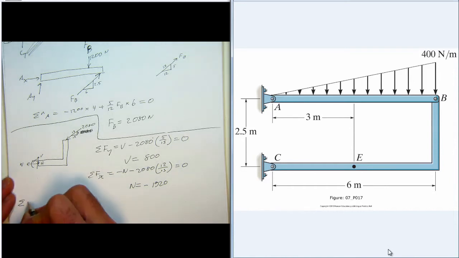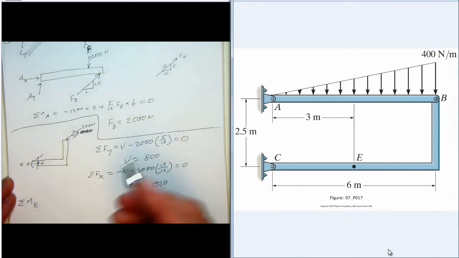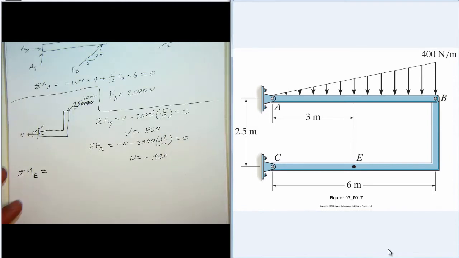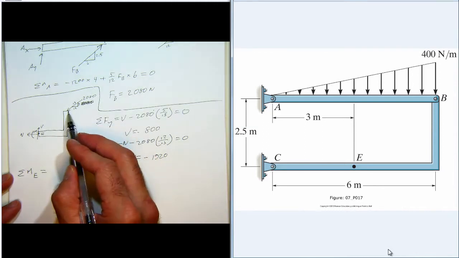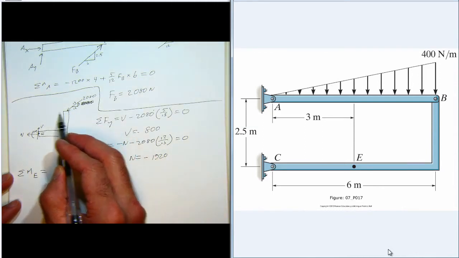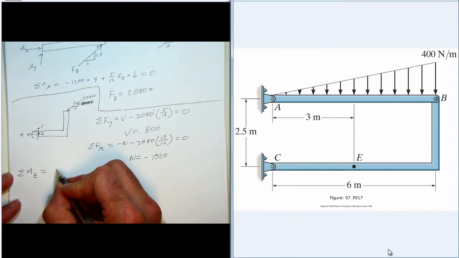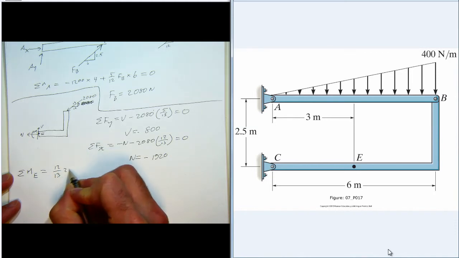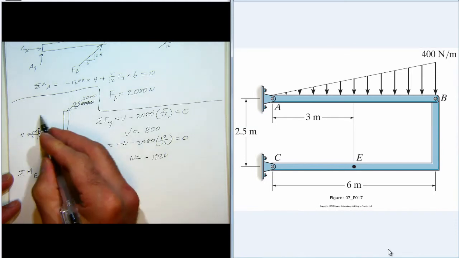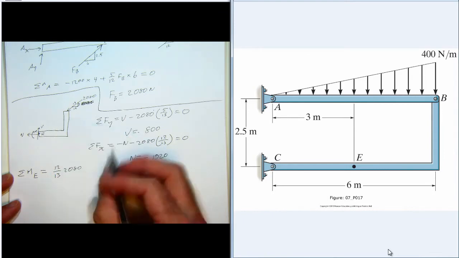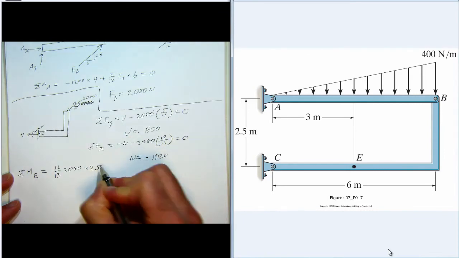And the sum of the moments about E, we could have also done it about B, but I'm just going to stick with the way we usually do it. The x component of FB generates a positive moment about E, and that x component is 12/13 of 2080, and its moment arm, or perpendicular distance, is 2.5 meters.